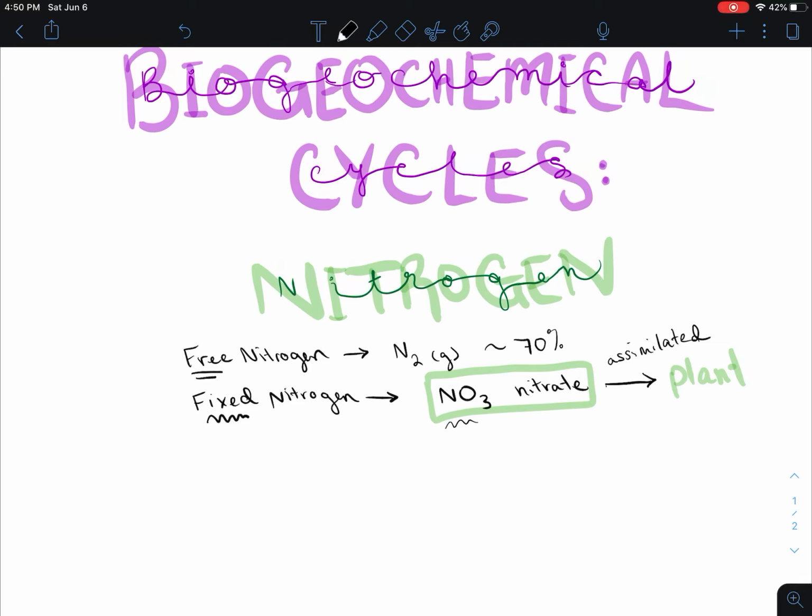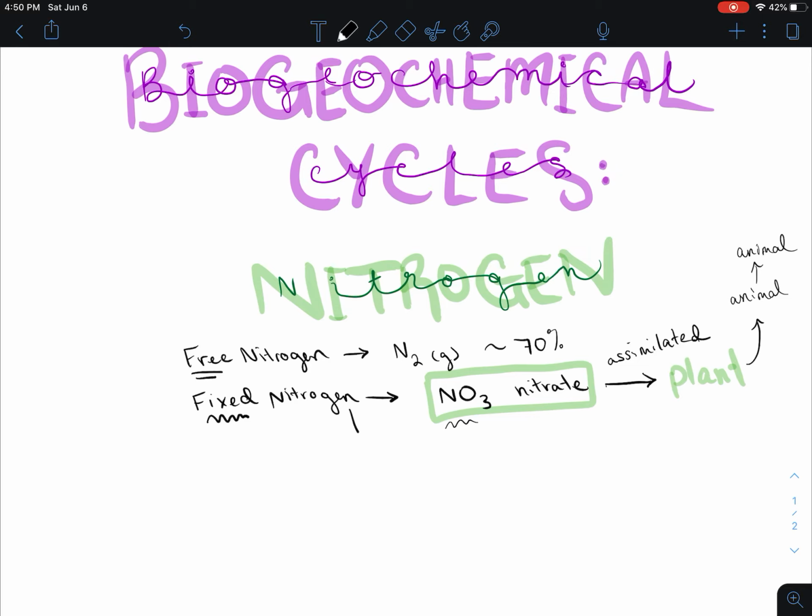Once it's assimilated into the plant, it could get assimilated into an animal. If that animal gets eaten by another animal, it can keep passing through the food chain in this way. And eventually it will become decomposed. And so that is how it will eventually return to the soil.